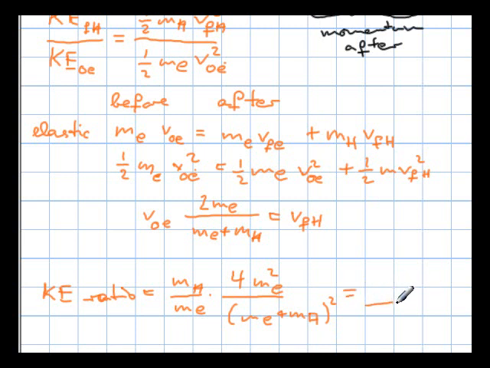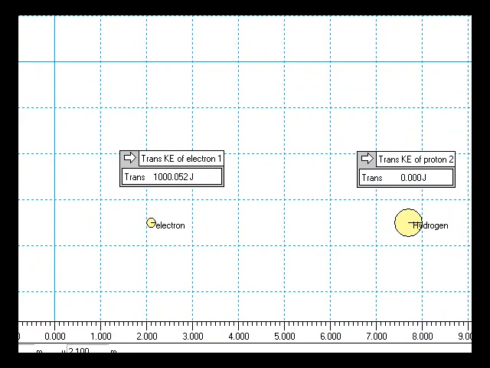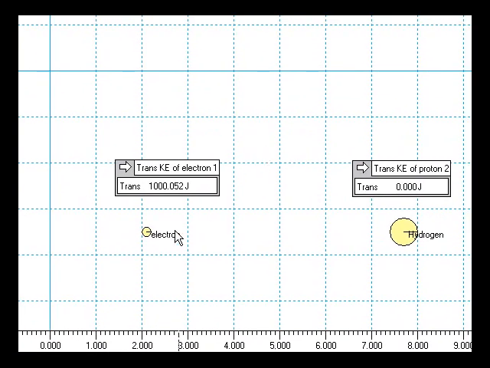Notice that you have 1837 up here, but down here you also have it squared, and that means you come up with a pretty small number, in the neighborhood of 10 to the negative 3, as the ratio. I made a little animation for this, and I gave the electron an original kinetic energy of 1000 joules.